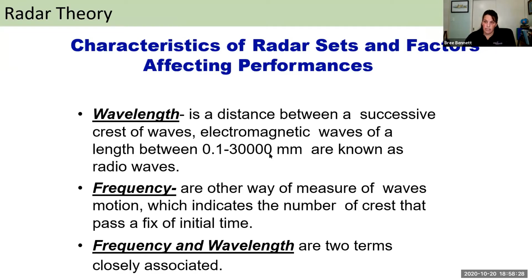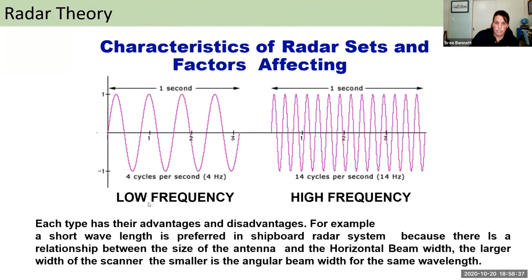The frequency is going to be measured in how fast that wave moves with time. So I'm going to go through here. We have high frequency where you get a lot of wavelengths in a period of time. So here we have 1 second. No, why does it say 1 second?